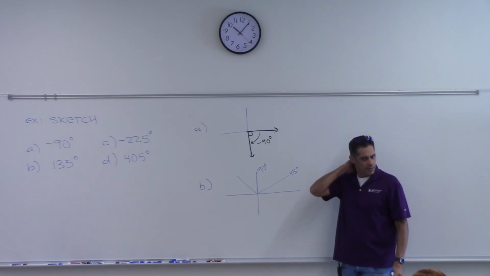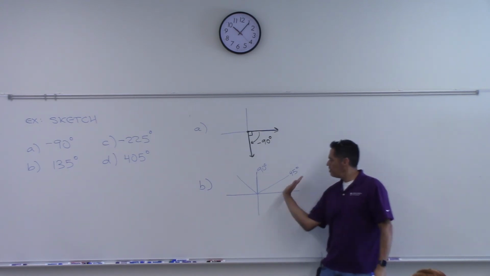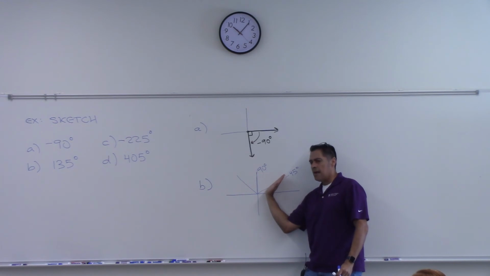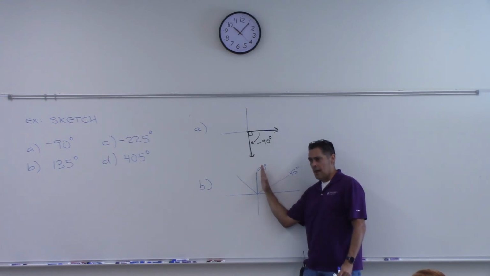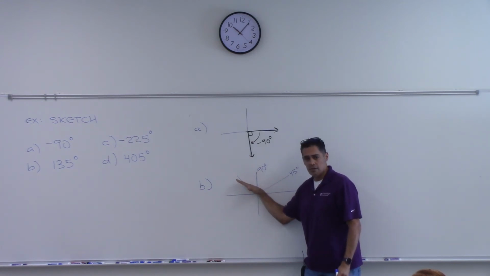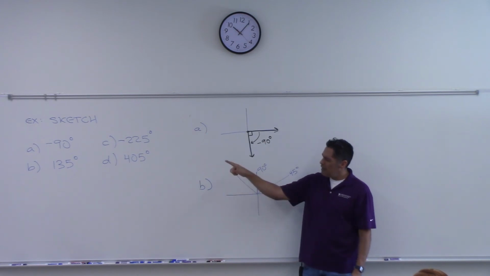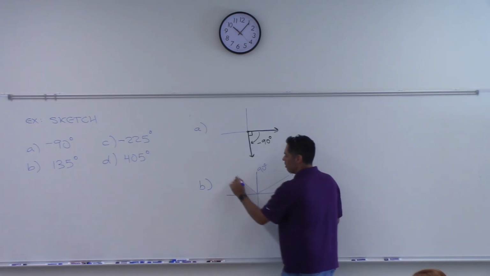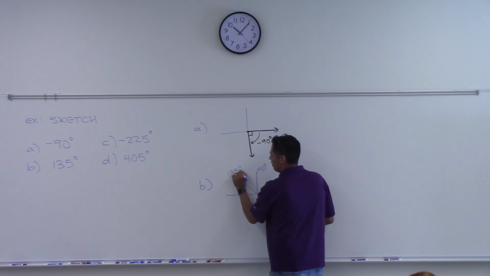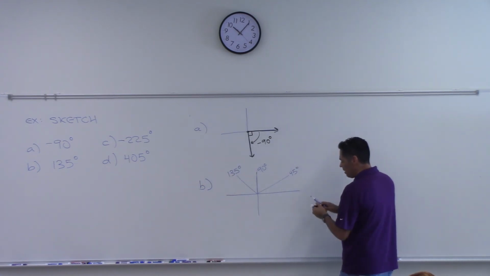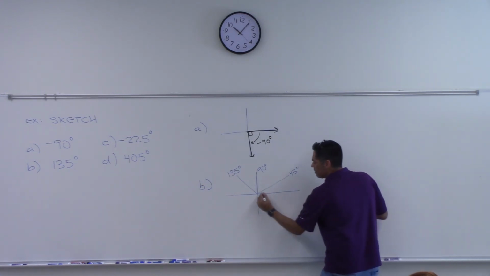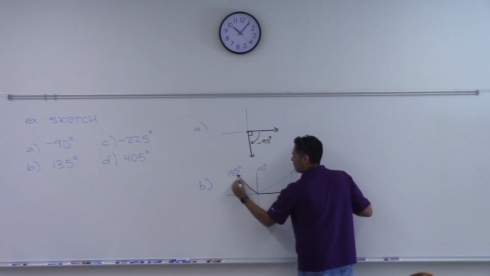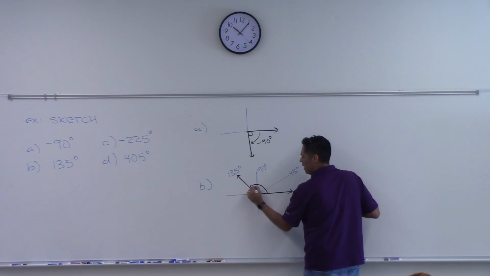So if this is 45, add another 45, you get 90, right? Add another 45, you get 135. So 135 is actually a pretty common angle that we're going to see quite a bit. So let me draw the angle. Here's my initial side. Here's my terminal side. And here's the angle. That's 135.